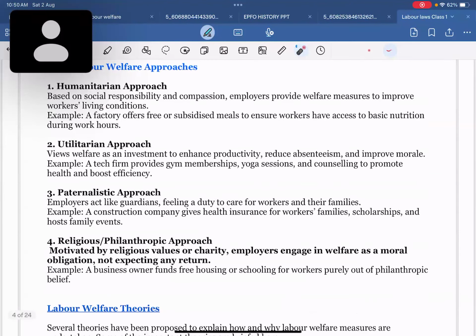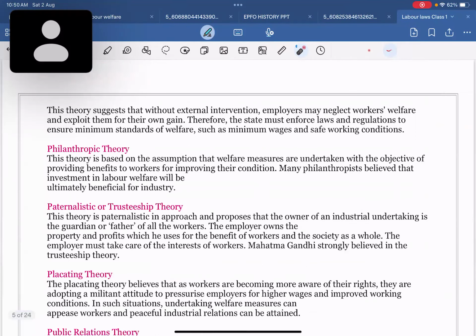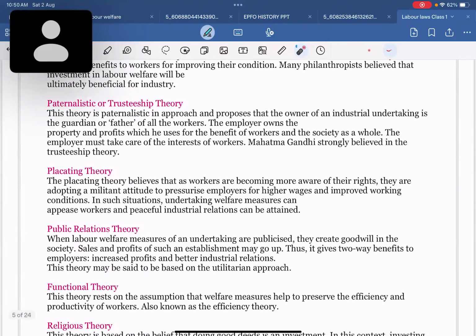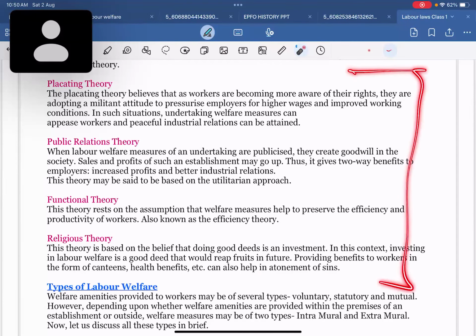The similar things we are going to understand about the labor welfare theories. Same things are written here also. Religious theory, same things. Got my point?